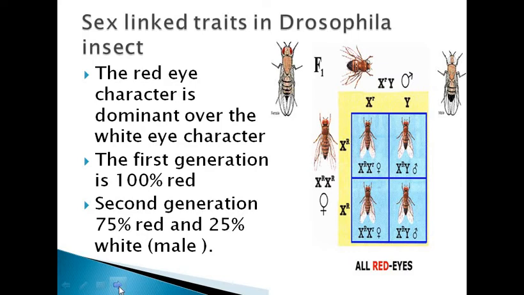If crossing occurs between a female insect with red eye and a male insect with white eye, 100% of the first generation will have red eyes, and this is similar to the Mendelian character.